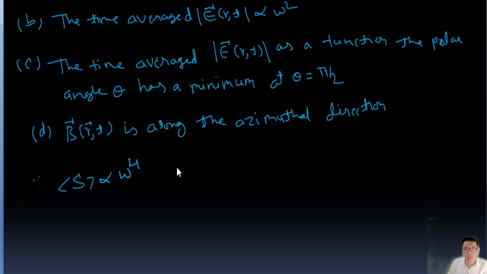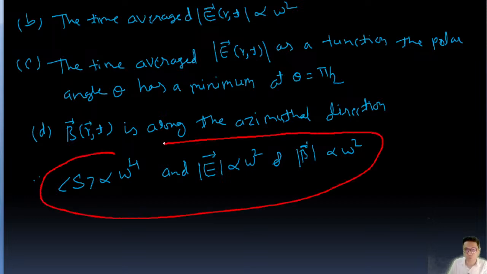Okay, S is proportional to omega to the power 4, and also we know that mod of electric field is proportional to omega square, and magnitude of magnetic field is proportional to omega square. You need to note down this. Okay, very important. If you know that, you have solved this question.